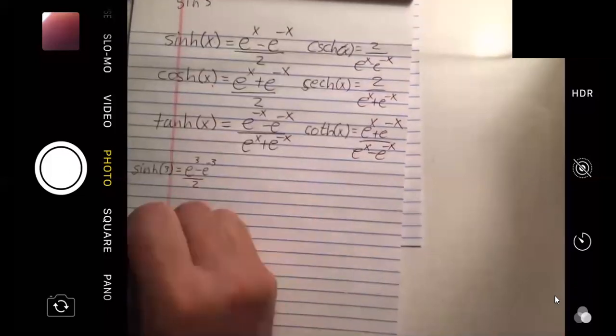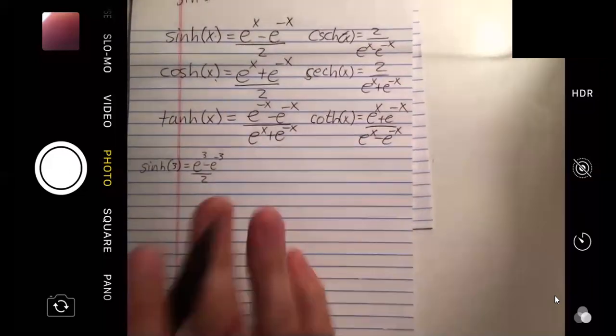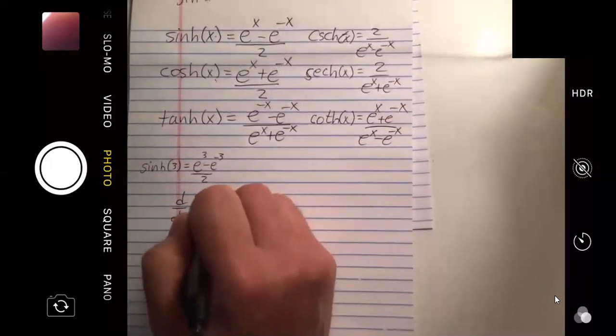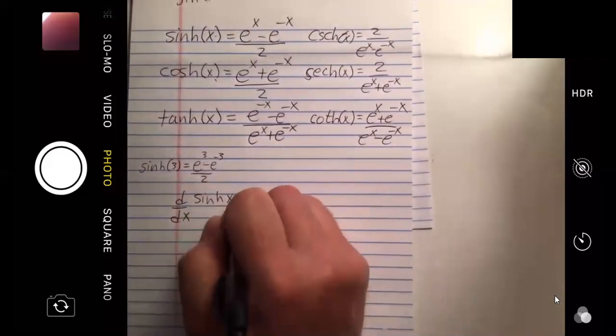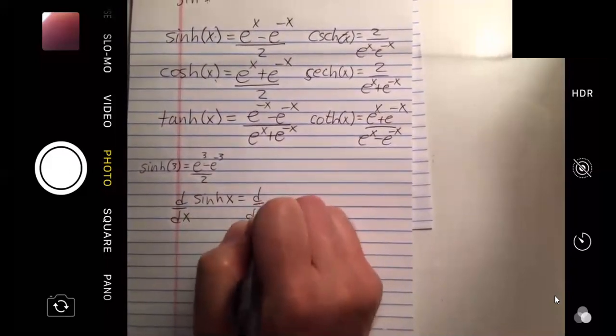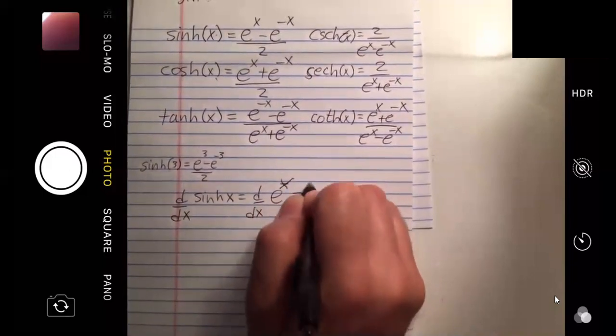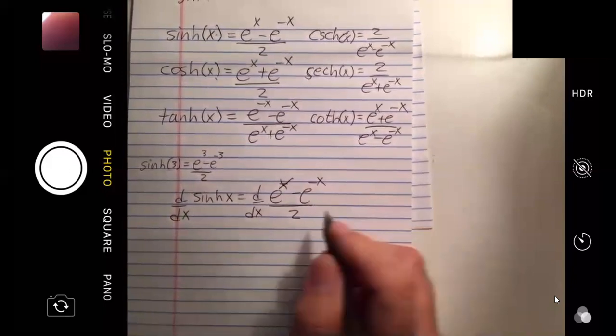Let me just show you where the parallels come in. If you wanted a derivative of the sinh, you would take a derivative of e to the x minus e to the negative x divided by 2.